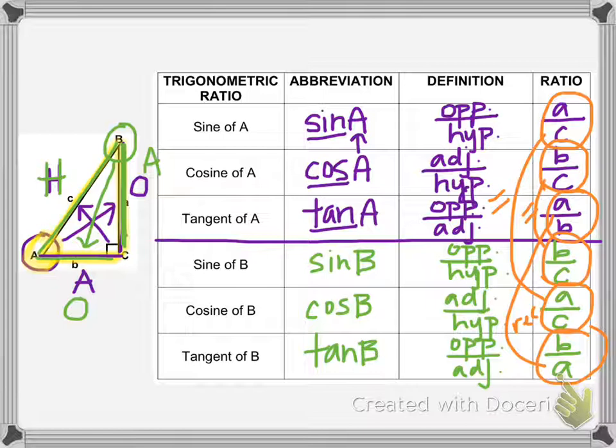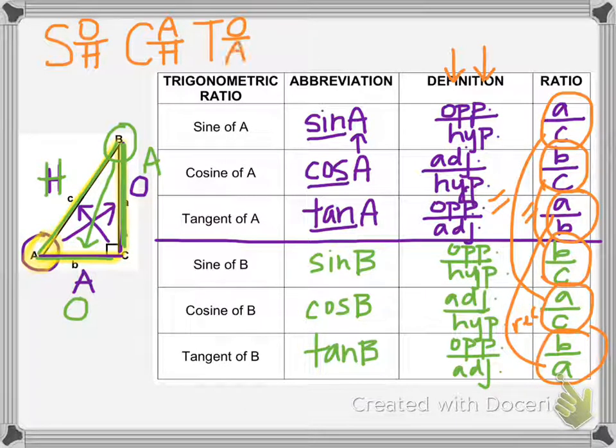Before we do that, though, I'm going to share something with you that is going to help you remember these definitions. It's called SOHCAHTOA. If you look at it, you could probably figure out what it means.